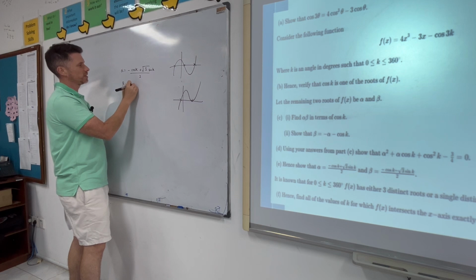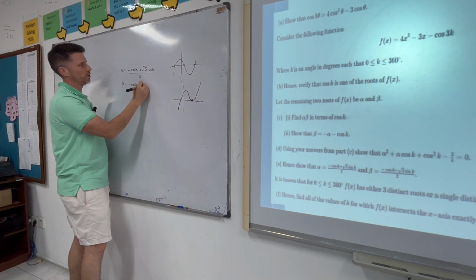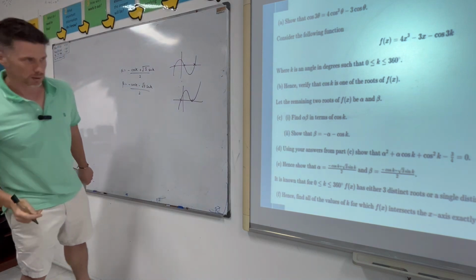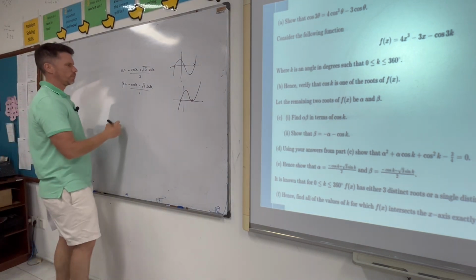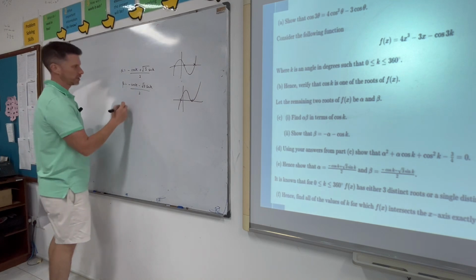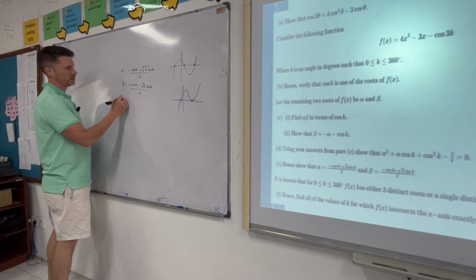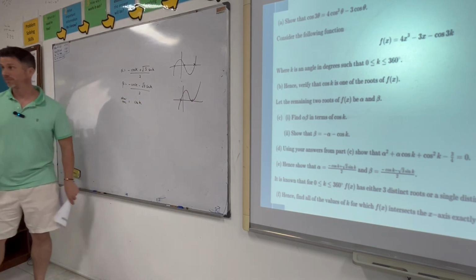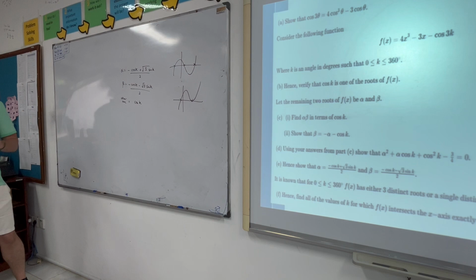We have beta as this. One of them is, I think I have them the right way around, do I? Yes. What was the other one? Cosine k. And the other one, whatever you want to call it. It's cosine k. All right, there are 3 roots, yeah? 3 roots, not too sure what they are.